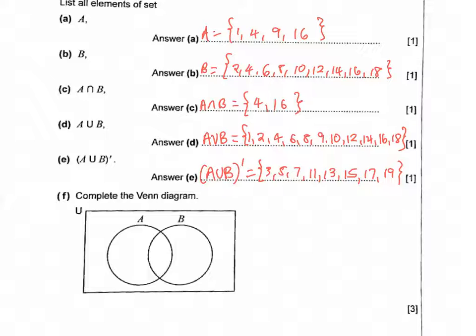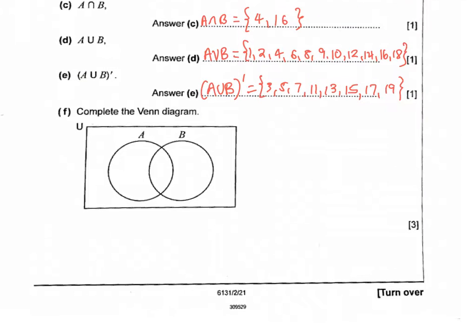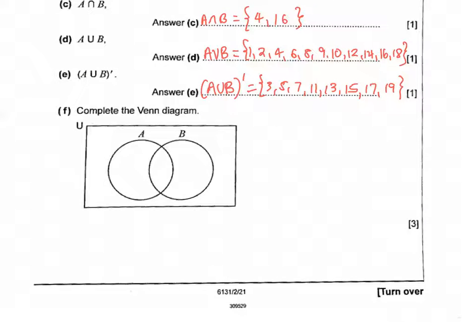Okay, now we need to complete the Venn diagram. Let me just shift this one up. First we need to fill in AB, and whatever is not in AB, we put outside. But we start with the intersection. What do they have in common? They have 4 and 16. 4 and 16, we write them here.